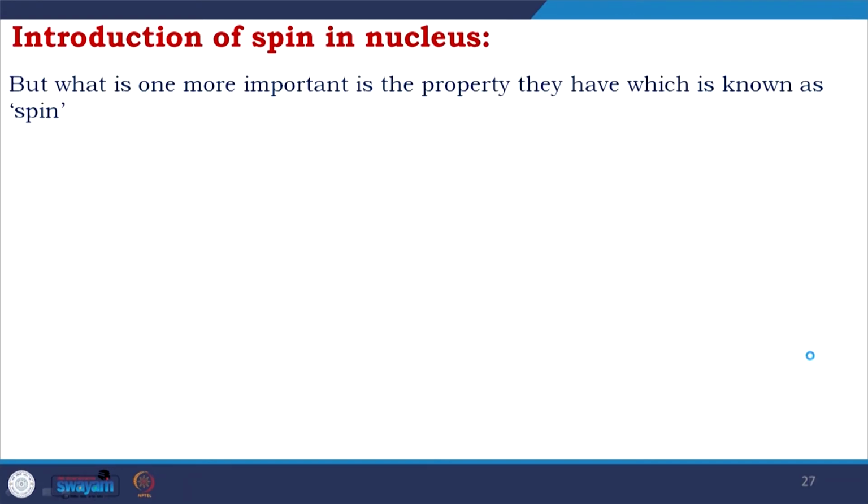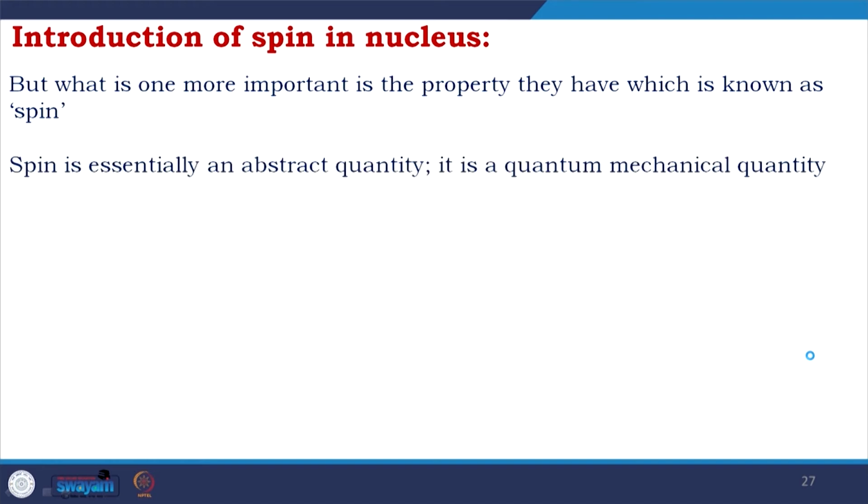But besides charge, there is one more important property which I am going to introduce, and which NMR is mostly based on, and that is spin. Spin is essentially an abstract quantity, a quantum mechanical quantity.